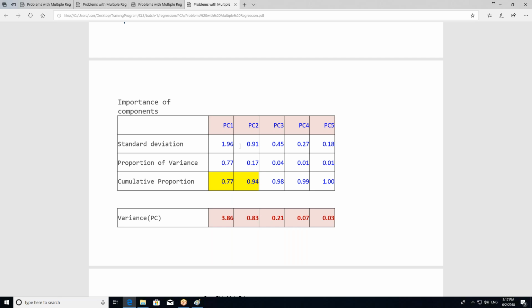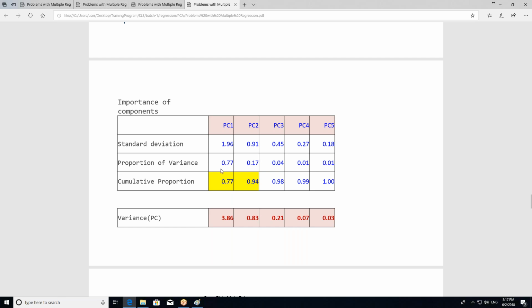Okay, so what it is telling is what percentage of variation in my response variable is contributed by the individual principal components.